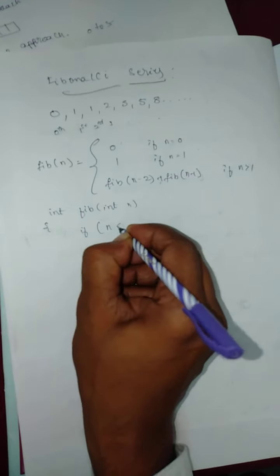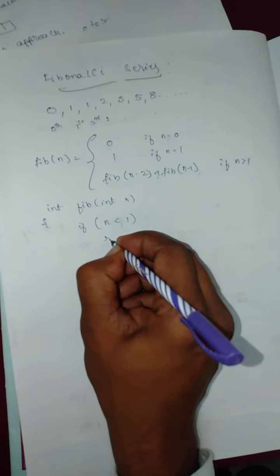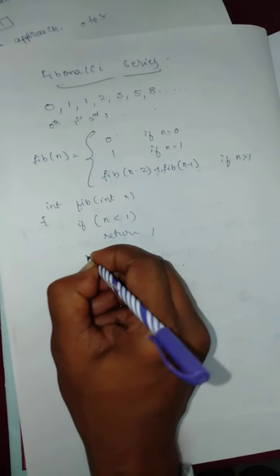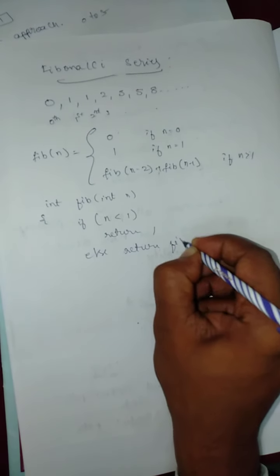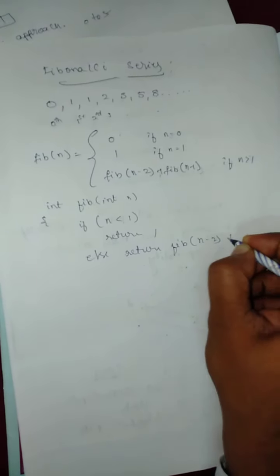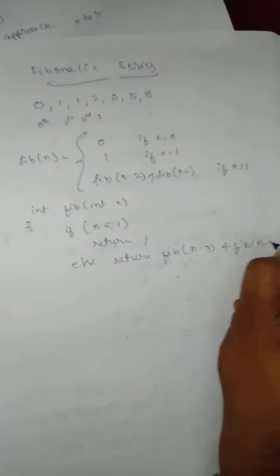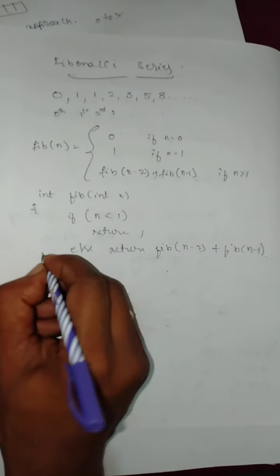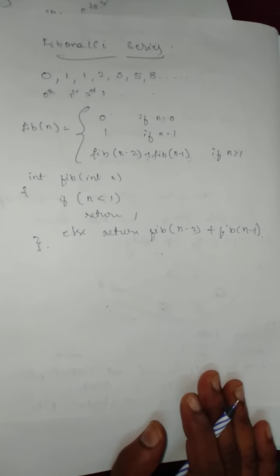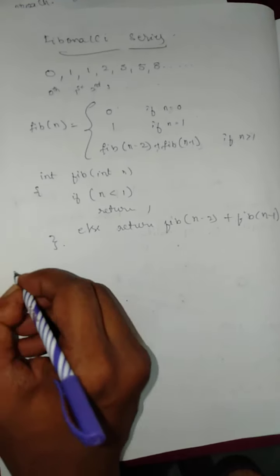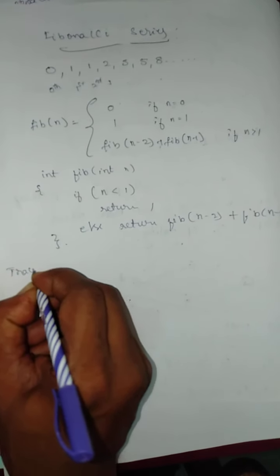If n is less than 1, return 1, else return fib of n minus 2 plus fib of n minus 1, isn't it? Okay, correct. Now shall we write the tracing tree for this?